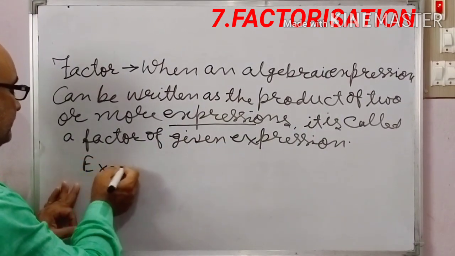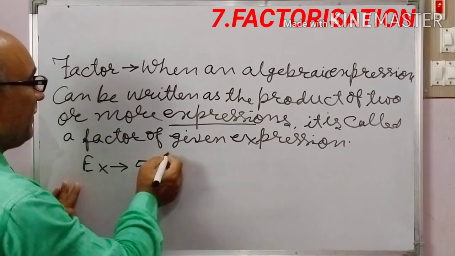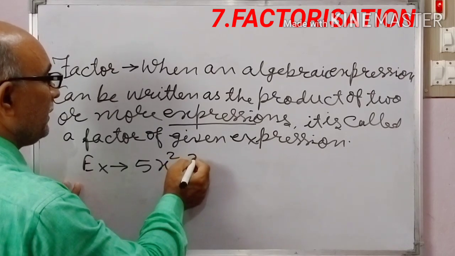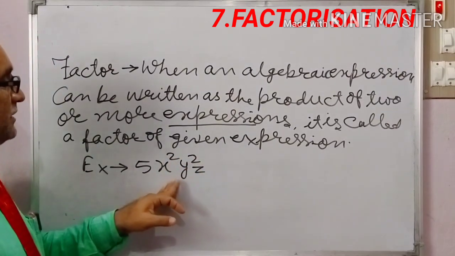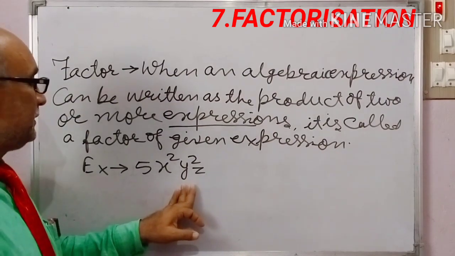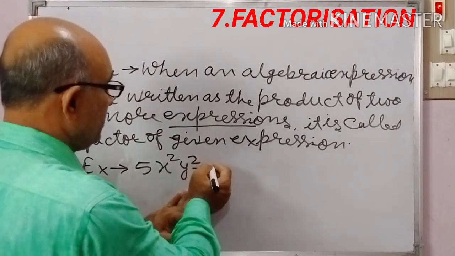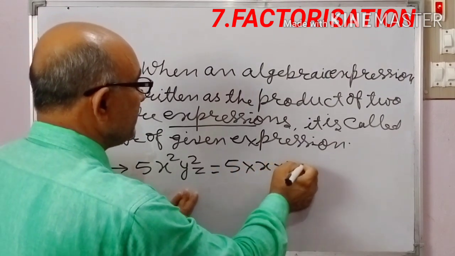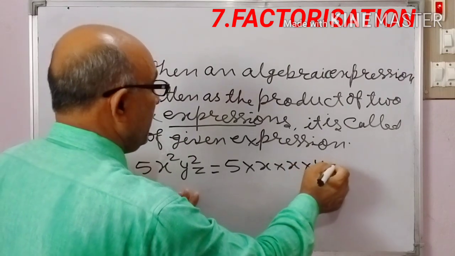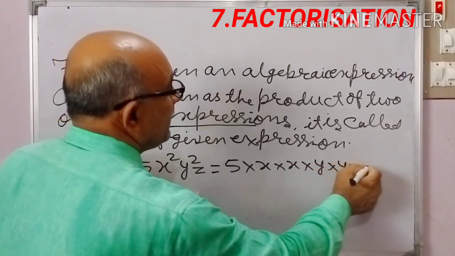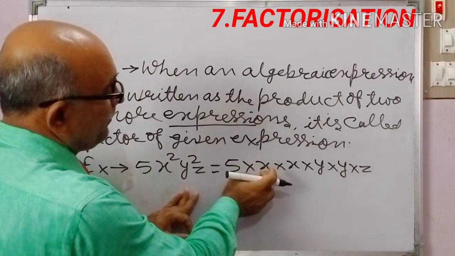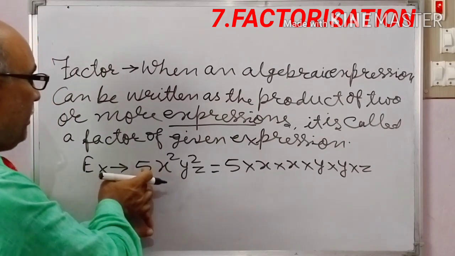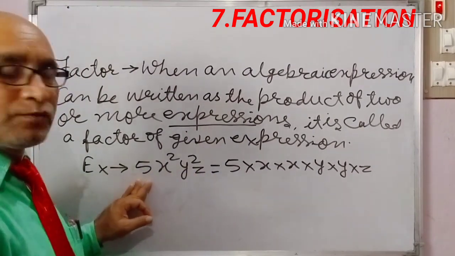Example: 5x square y square z is an algebraic expression equal to 5 into x into x into y into y into z. 5, x, y, z are the factors of 5x square y square z.